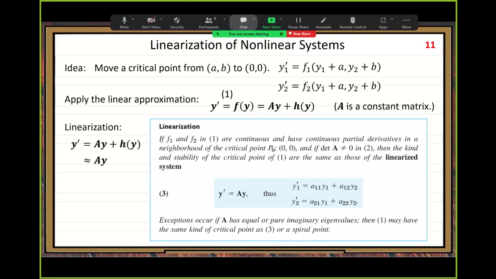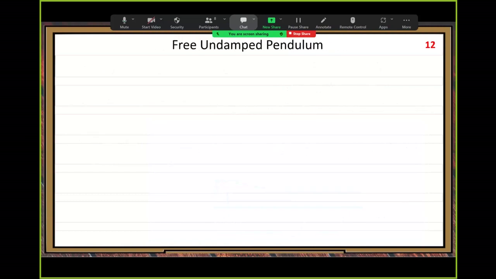Other than this special case, the remaining 4 types of critical point are preserved. Linearization does not change the critical behavior.